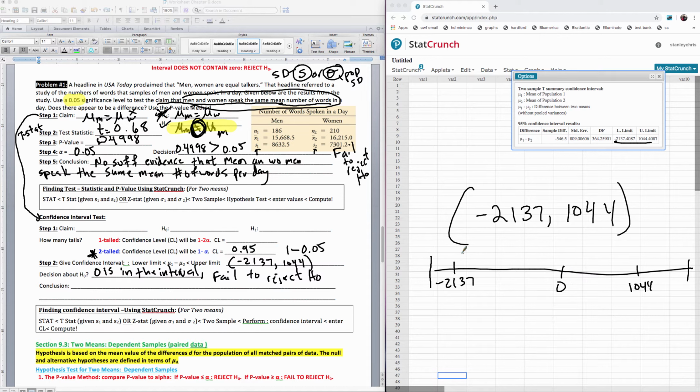And here's 0. So 0 is in the interval. So what that means is that if 0 is in the interval, then mu m minus mu w could possibly be 0. Doesn't mean it is 0, it means it could possibly be 0, which means that the test did not find enough evidence to say that they're different.